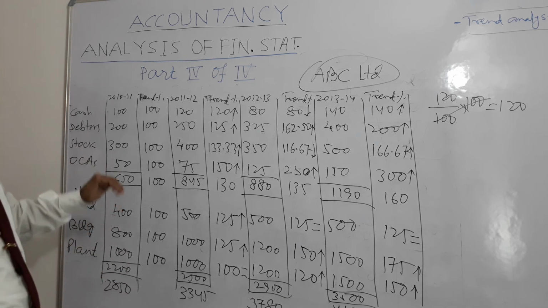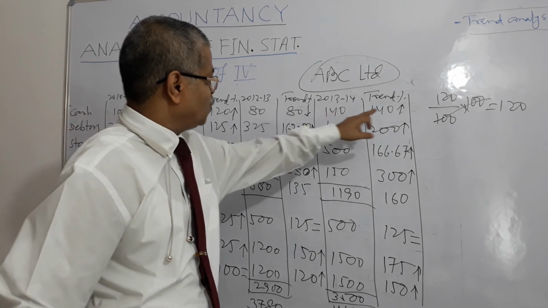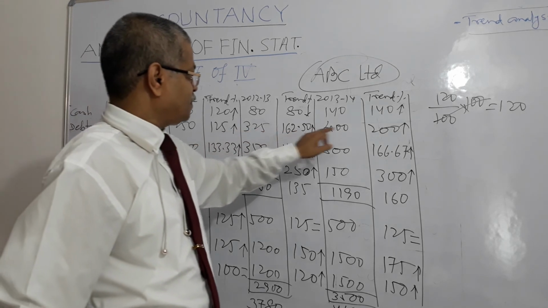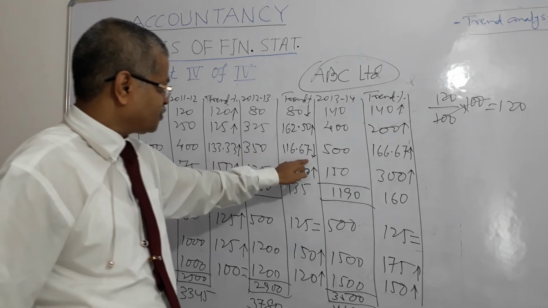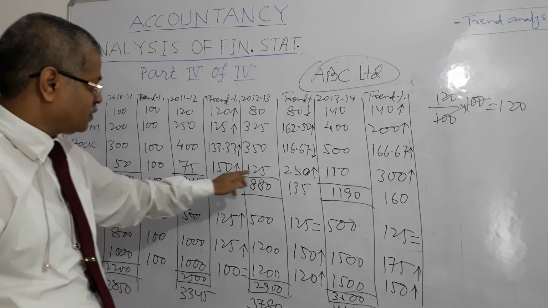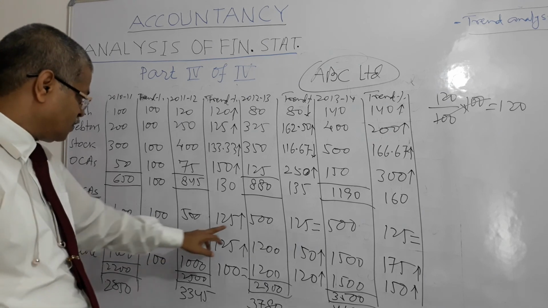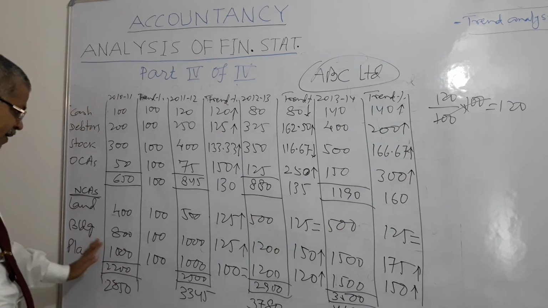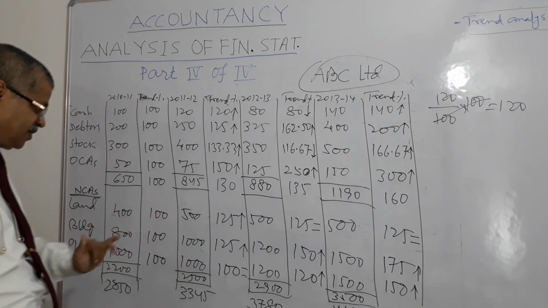What we have seen: in respect of cash, it goes up, comes down, goes up. In respect of debtors, goes up, goes up, goes up. In respect of stocks, goes up, comes down, goes up. Other current assets, goes up, goes up, goes up. Trend is only increasing. Land, goes up, remains constant, remains constant. Building, increases, increases, increases. Every year there is an increase in building trend.